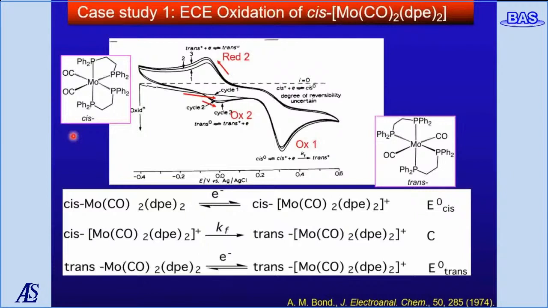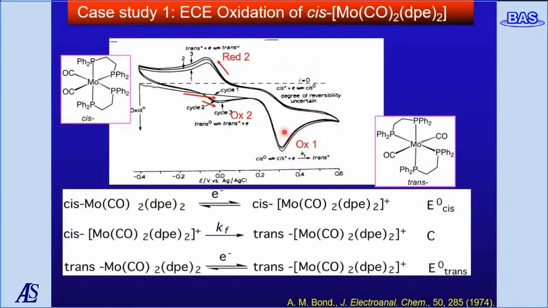In the voltammogram in this figure, please note the y-axis is taken differently. The anodic current is plotted on the negative side. Anyway, the oxidation of the cis-molybdenum complex takes place at around plus 0.3 volt, shown as OX1.